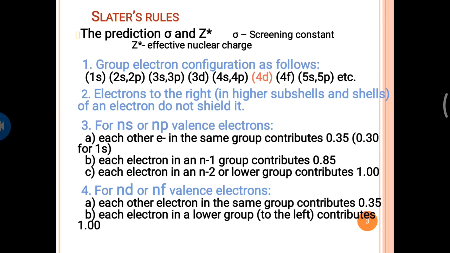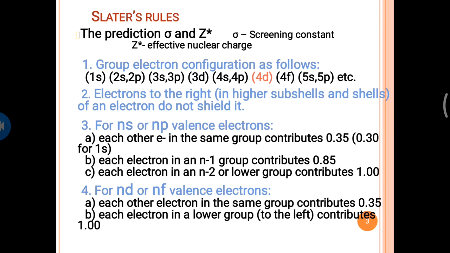The Slater rule is used for the prediction of sigma and Z star. Sigma is the screening constant and Z star is the effective nuclear charge.